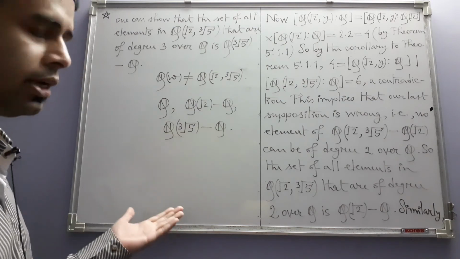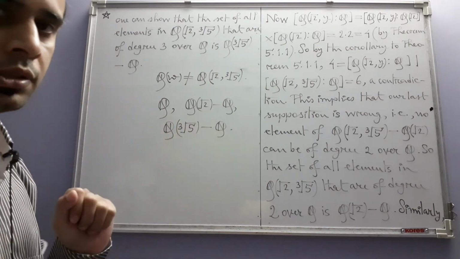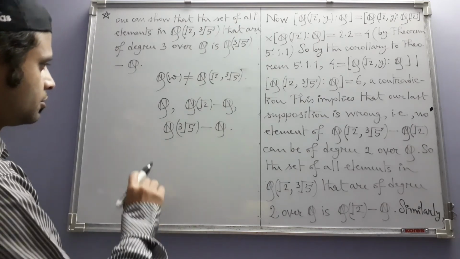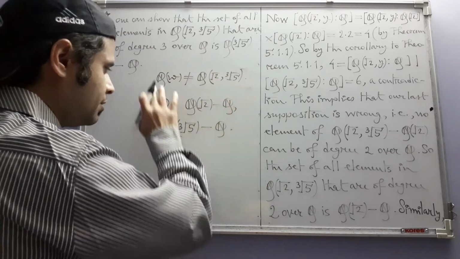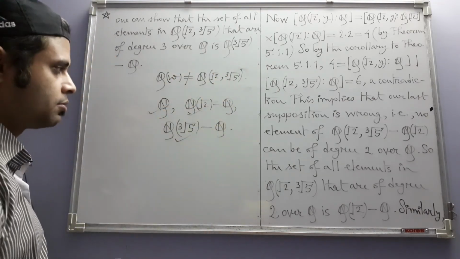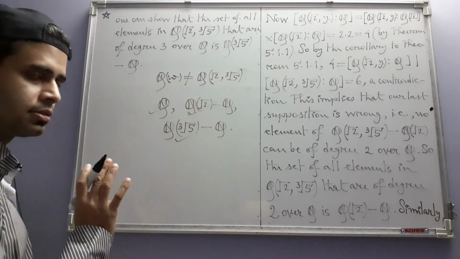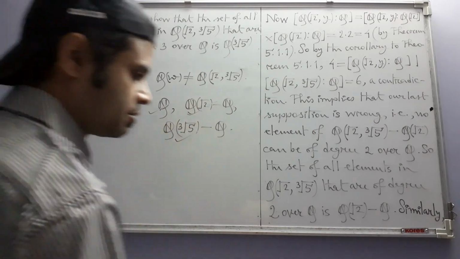Anything else you take, its degree over Q must be equal to 6. So that means the set of those w for which we have this inequality is the union of these three sets, which is the union of this and this, because Q is contained in both of these sets.